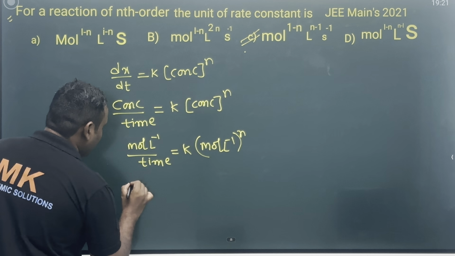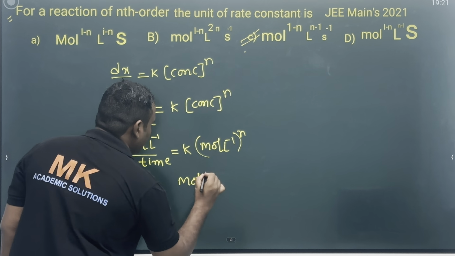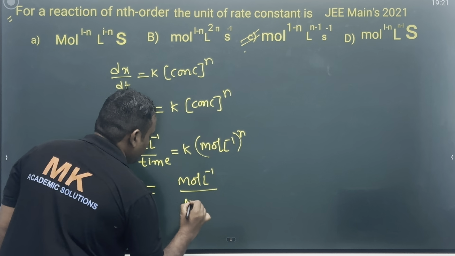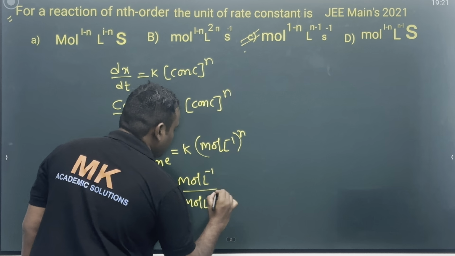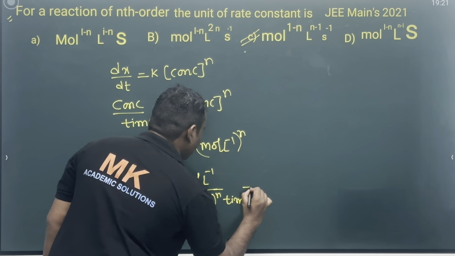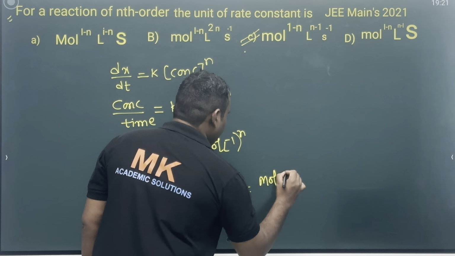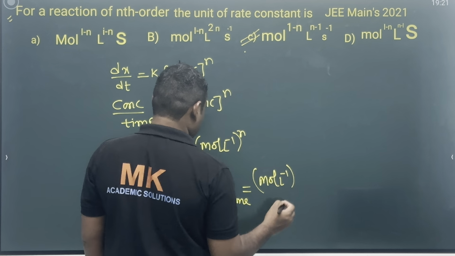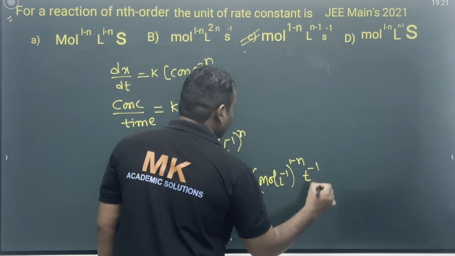Therefore k is equal to moles per liter by moles per liter whole power n and time. When you rearrange this, you get moles per liter whole power 1 minus n, time inverse.